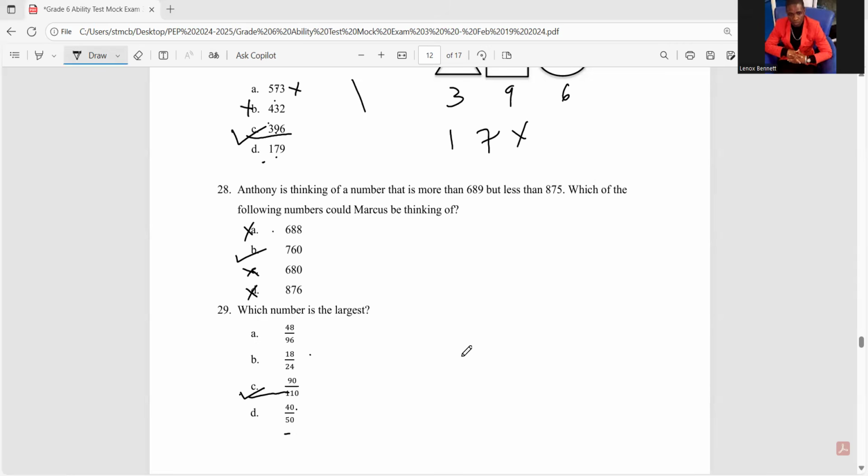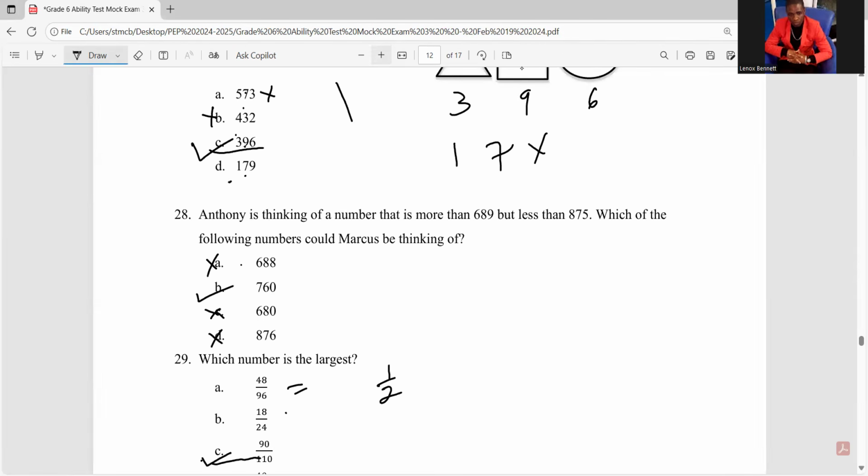All right. So basically, fractions, right? The 48 over 96, we could reduce this to a half, right? Because 48 goes into itself one time, and into 96 two times. Same thing with 18 over 24, we can divide by 6.